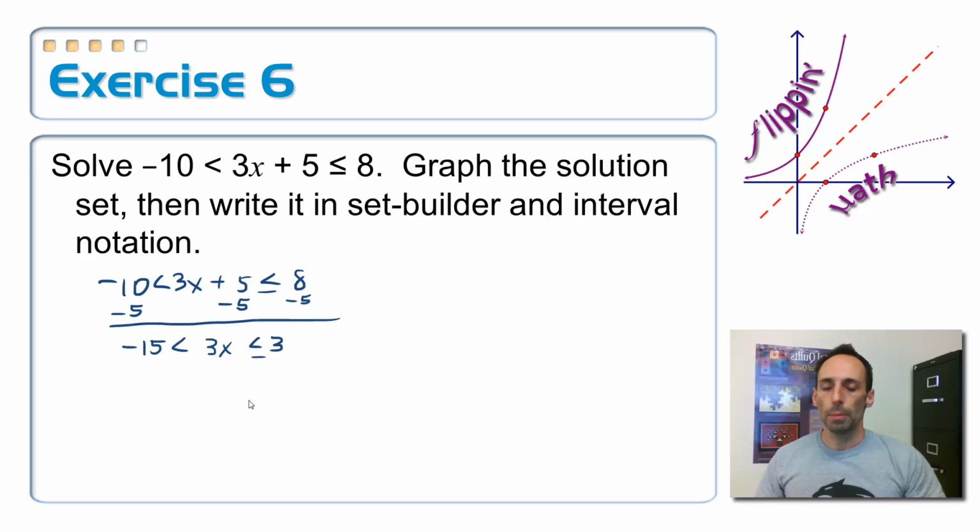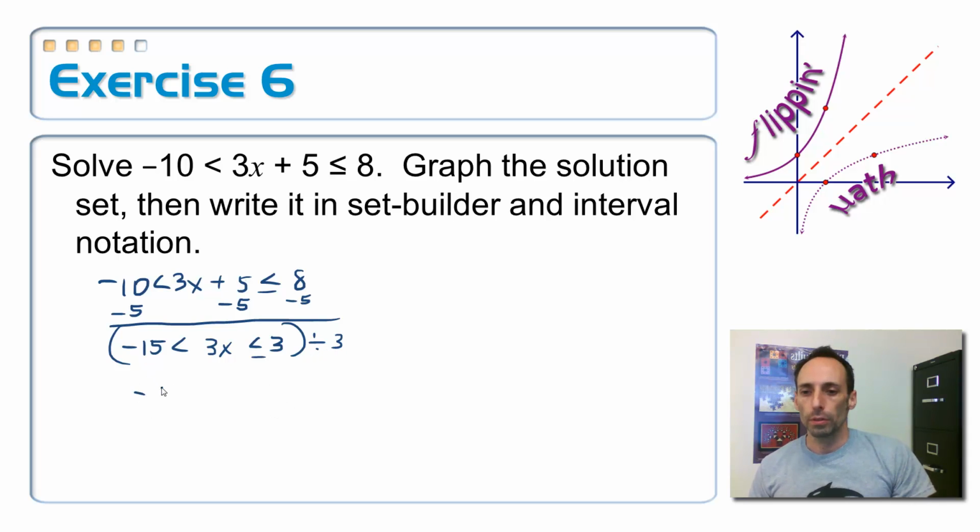Now I'm going to divide the whole thing by 3 and see what happens. -15 divided by 3 is -5, less than x, less than or equal to 1 when I divide it.